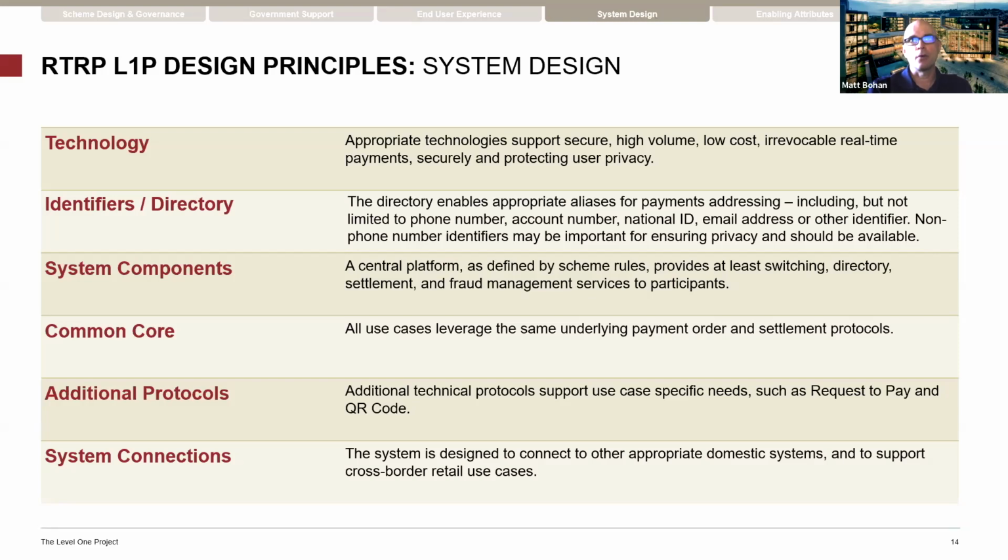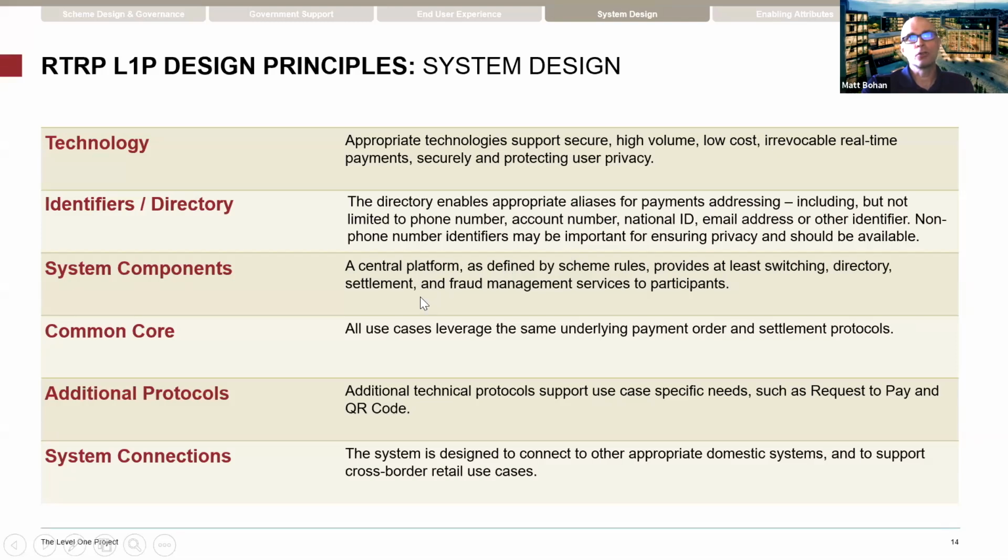They could be account number, national IDs, emails, and the like. Phone number can be particularly challenging again for women who might not want to share their phone number to folks that they otherwise have financial transactions with, and the system should allow for that.